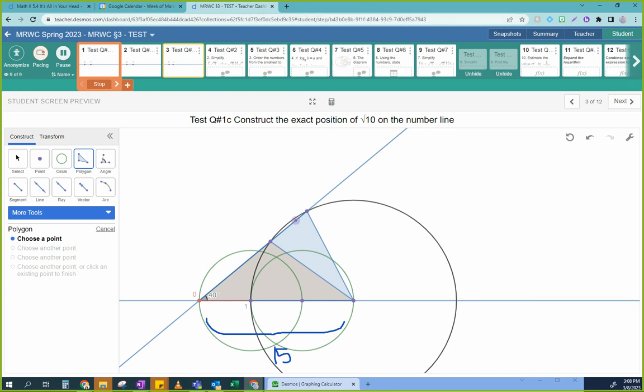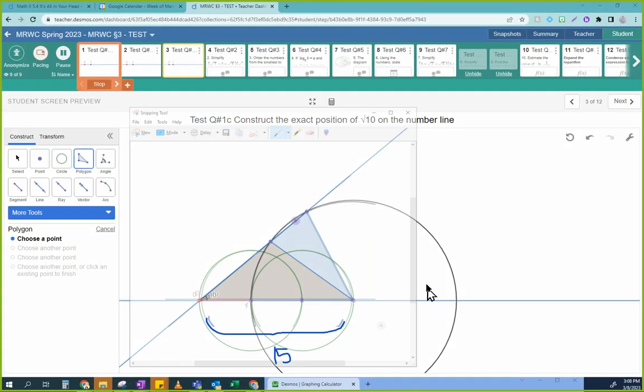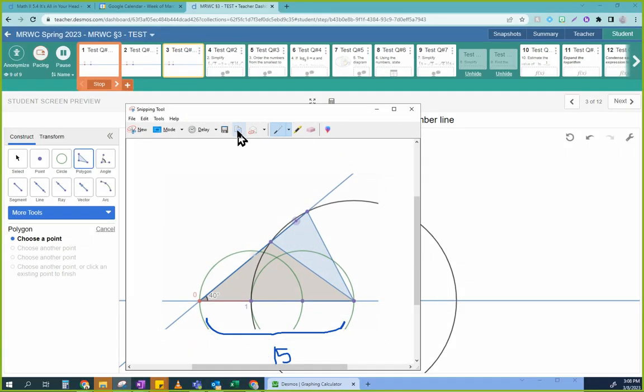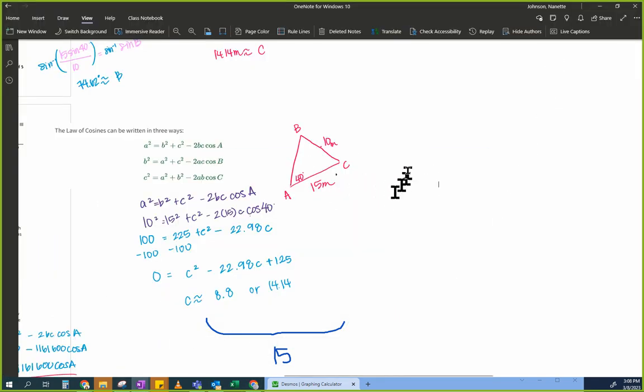Maybe I just take a snapshot of this of why there's two triangles. I lost it. There it is. So that's kind of proof. There's my two triangles, and I can write all over them once I get over here.